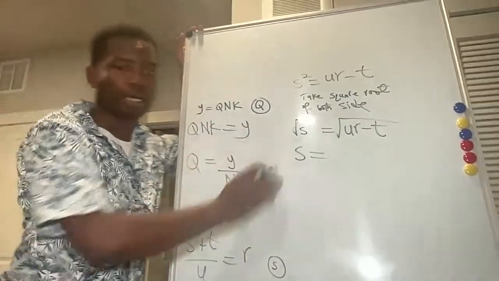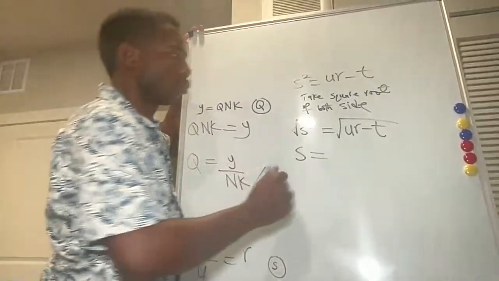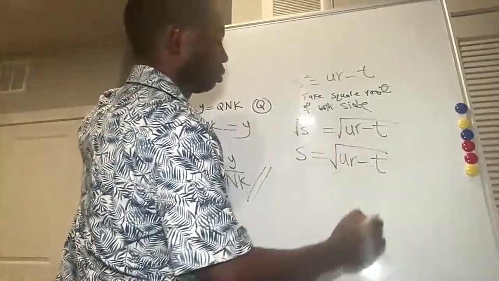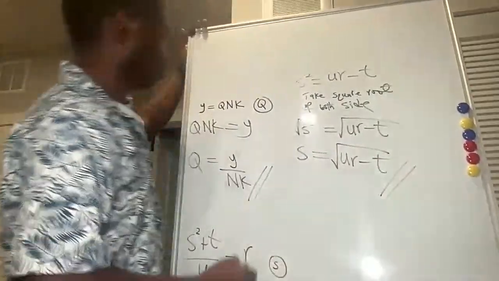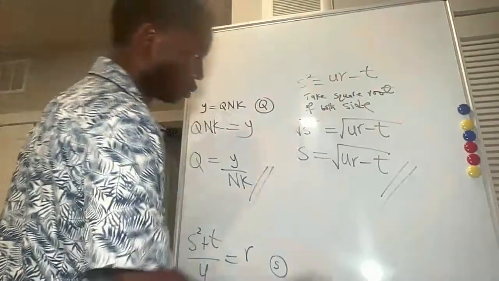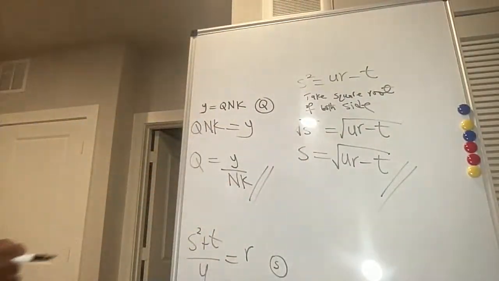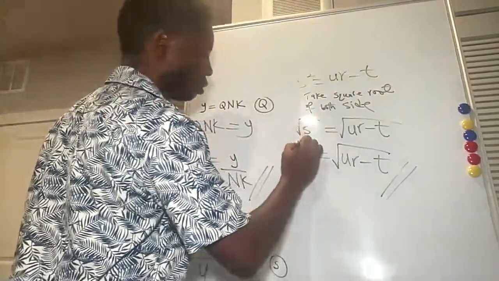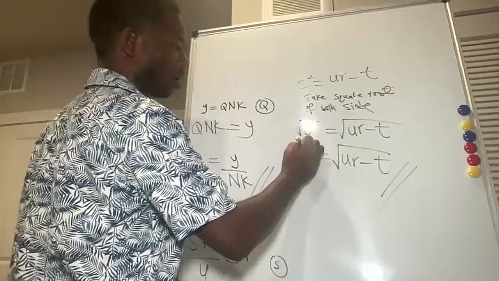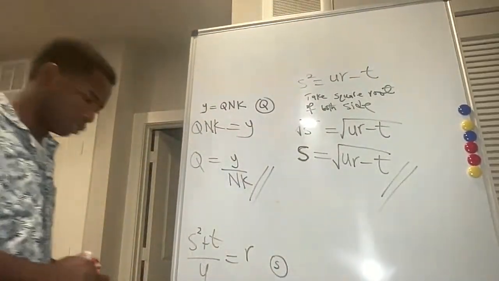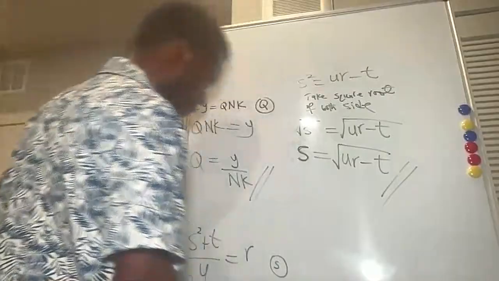You have ordinary s, which is equal to the square root of ur minus t. This is your answer. You can see s is standing on its own. So you will be able to make s subject to the formula.